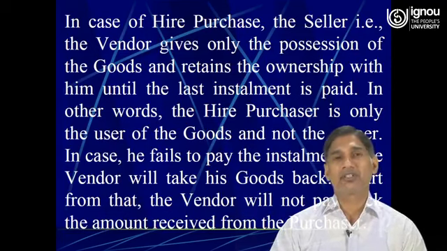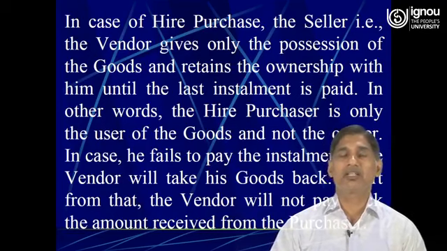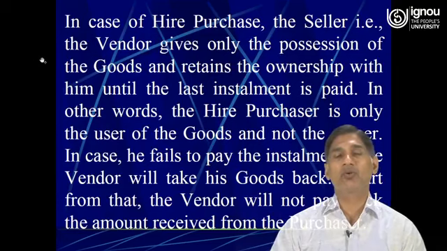Sometimes what happens is that the buyer is supposed to make a total of 4 installments under the hire purchase system. He made the payment of some amount as down payment and the remaining amount was supposed to be paid by the buyer in 4 annual installments. Sometimes it may happen that after making the payment of the first or second installment, the buyer could not make the payment of the third and remaining installments.